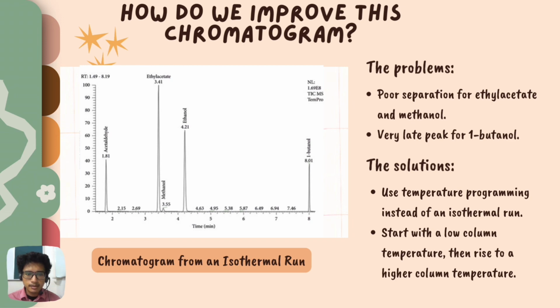And then, we increase the temperature to elute the components with higher boiling points faster. That way, the chromatogram will be more compact as the order of elution follows the boiling points of the components, and the time taken to elute all the components is much shorter than an isothermal run. Okay, that's all from my part. I'll be handing this over to the next groupmate.